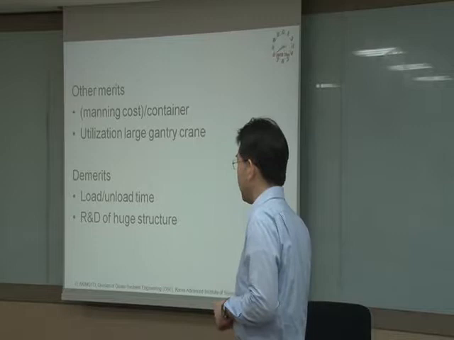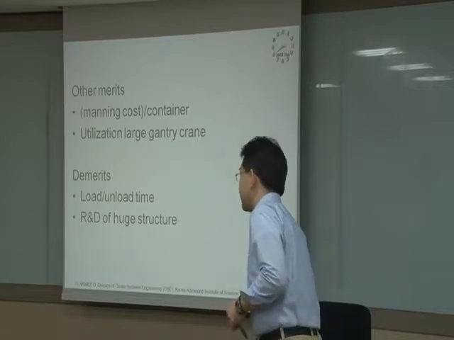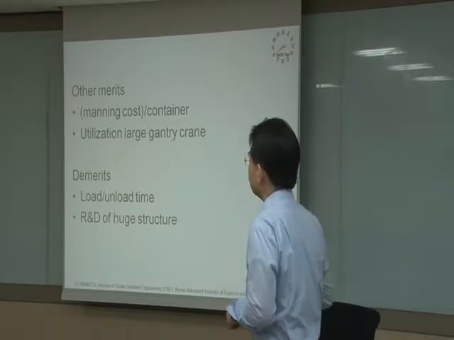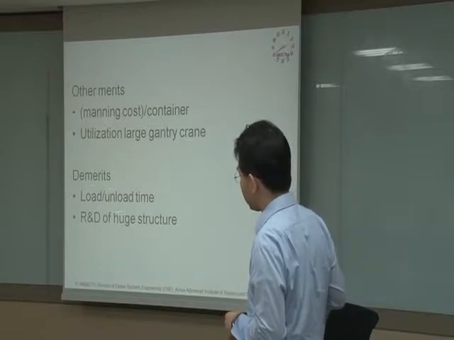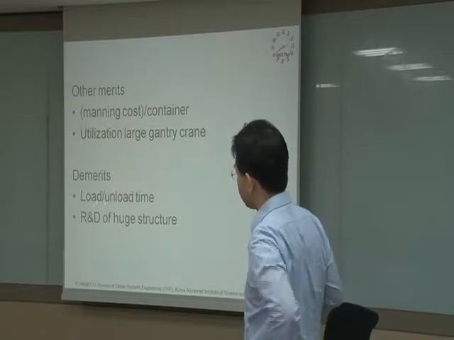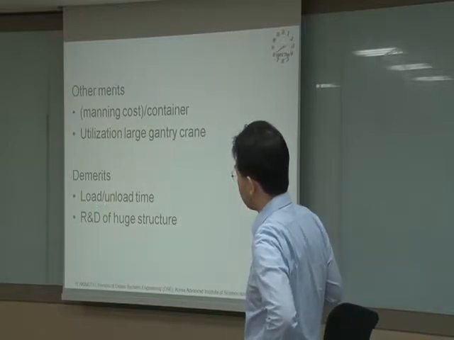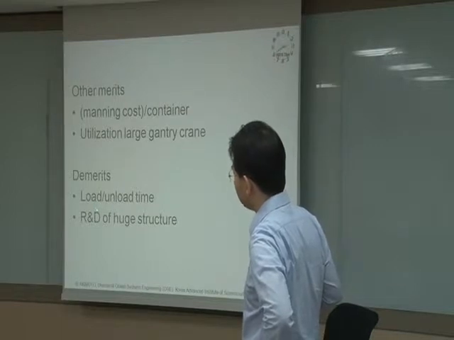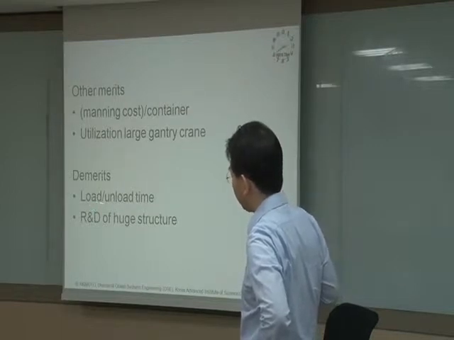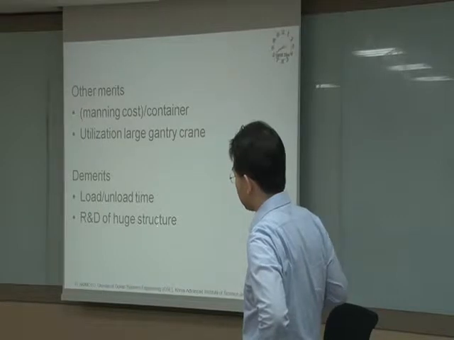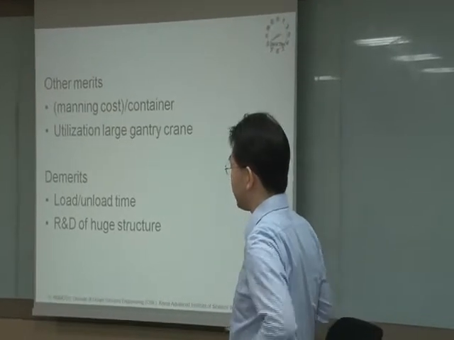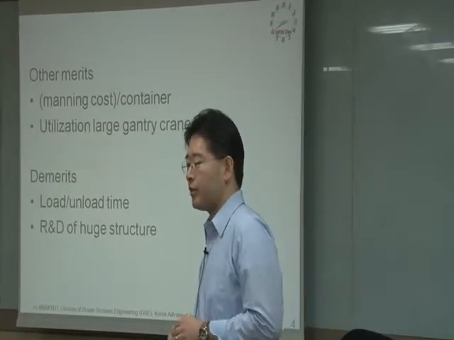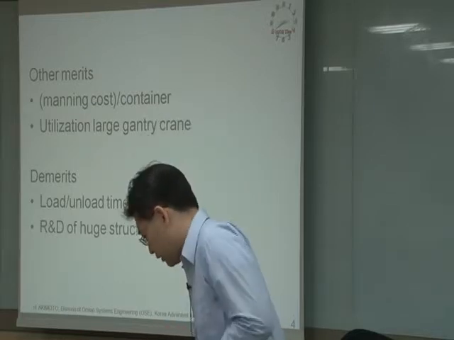Actually, a large ship has some demerits. So this is already mentioned in the last classes. The demerit is long time of load and unload. And also, huge structure requires higher research and development cost.